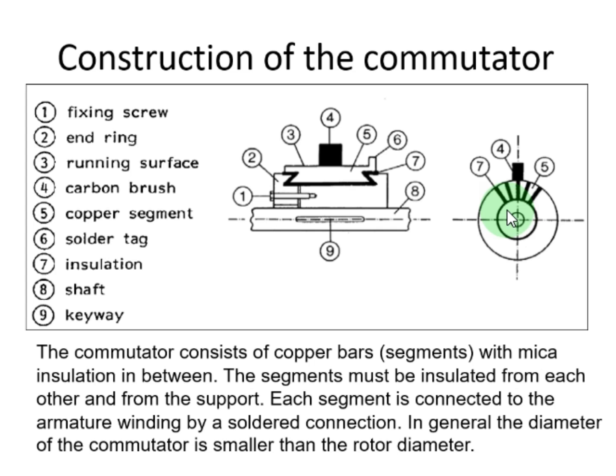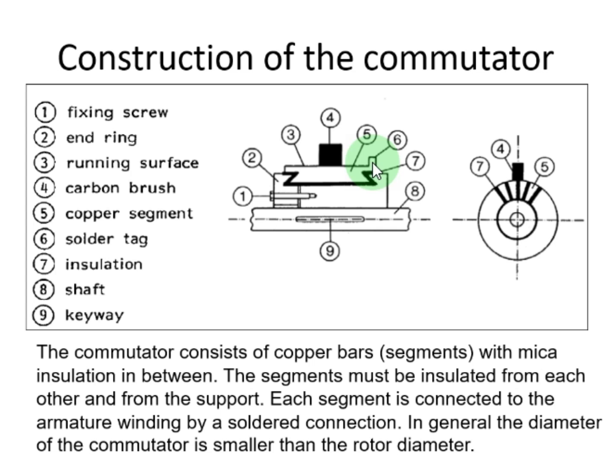Each segment is connected to the armature winding by a solder connection, so that it is basically going into this place number 6. The coil end is connected here, so that when you give the power through the brush, it will go into the coil and it will generate magnetic field.